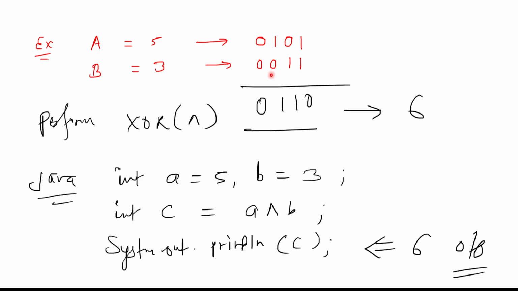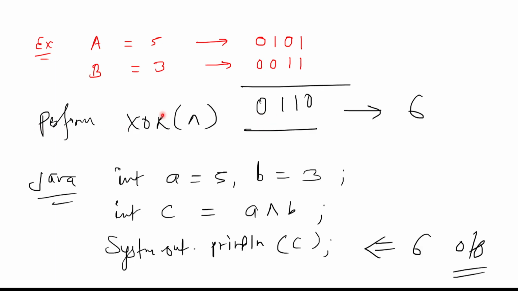For 3, it will become 0 0 1 1, as 2 plus 1 makes 3. Now compare the values. These 1 and 1 are the same, so we get 0. For 0 and 1, they are different, so we get 1. For 1 and 0, also different, we get 1. These two are the same, we get 0.